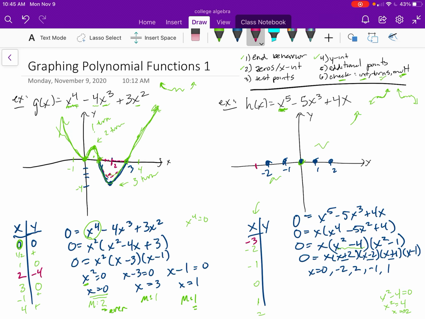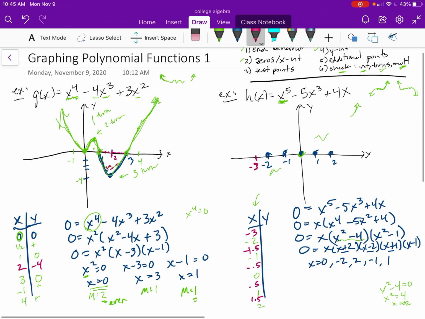I want to see what value I'd get when x is -3. And then in between -1 and -2, because I'd use a calculator, -1.5, right? And then -0.5. It doesn't have to be exactly in the middle, though. You could do -1.9. You could do -1.1. Okay, any value in there. 0.5, 1.5, and then I'm out of room, but something like 3. Okay, all of those I need to test to see exactly what's going on.